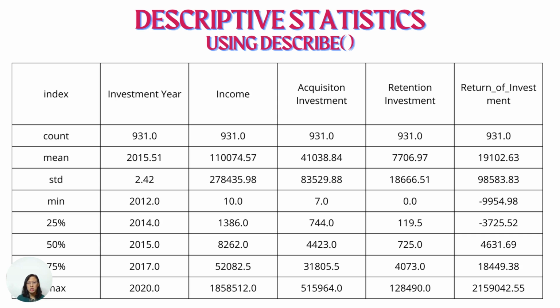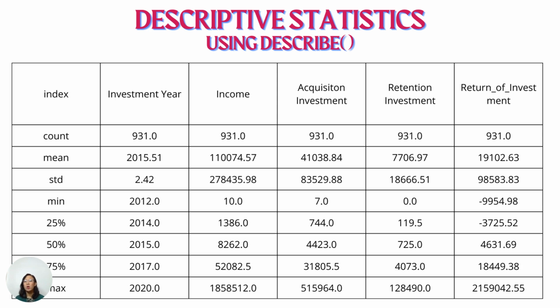In our data set, there are 5 numerical values, which are year, the income, investment during the acquisition, investment for retention, and a new column that we have calculated, return on investment. For each individual variable, df.describe calculates statistical values such as average, standard deviation, minimum, and maximum values.